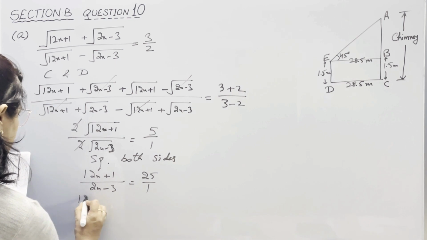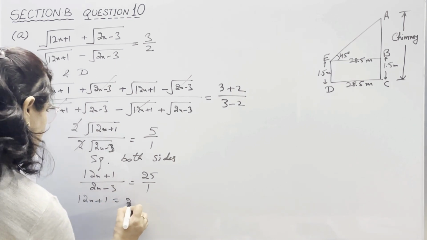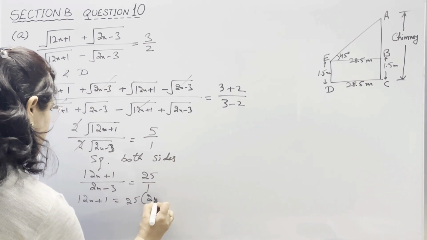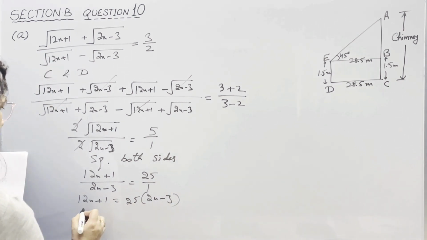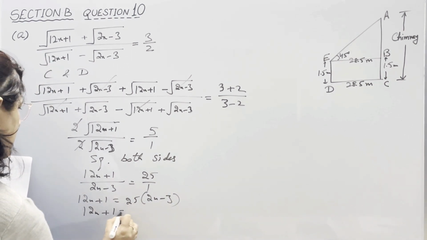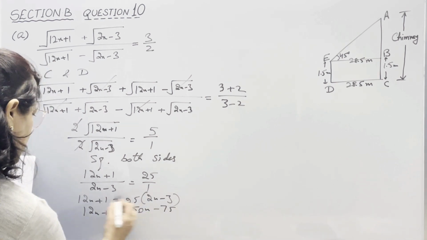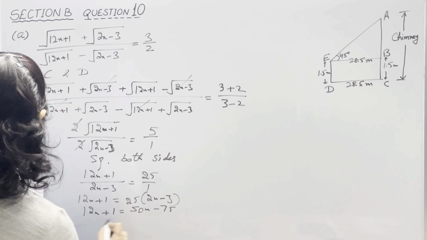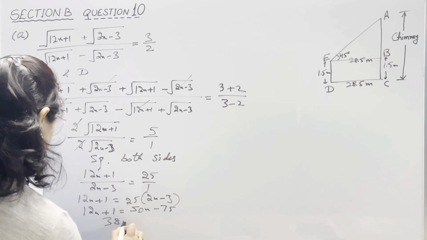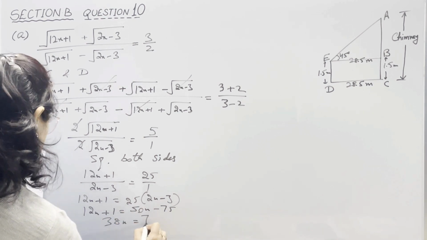Now cross multiplying, 12x plus 1 is equal to 25 times 2x minus 3. So 12x plus 1 is equal to 50x minus 75. Now 50 minus 12, we will get 38x and then 76.